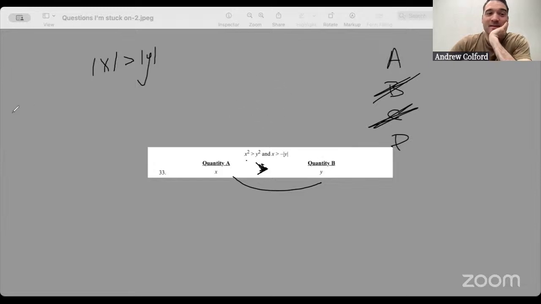So maybe X is negative 0.5 and Y is, oh, this might do it, negative 0.25.